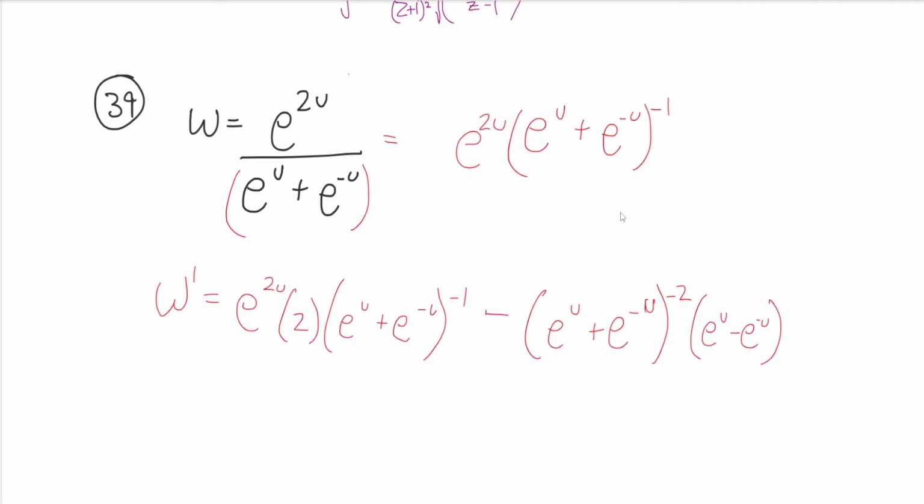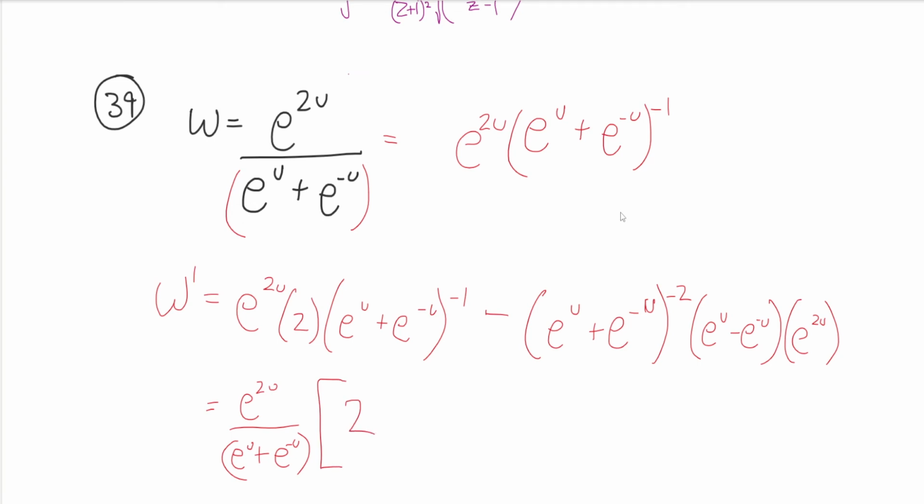Okay, and then careful, because we have to make sure that we also incorporated the first one untouched in that second one when we did product rule, right? Okay, so we can factor out e to the 2u over e to the u plus e to the minus u.